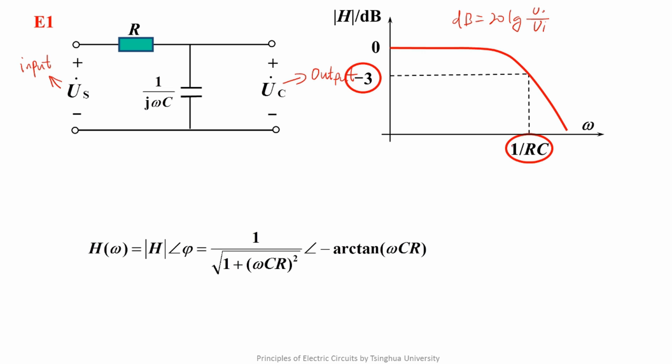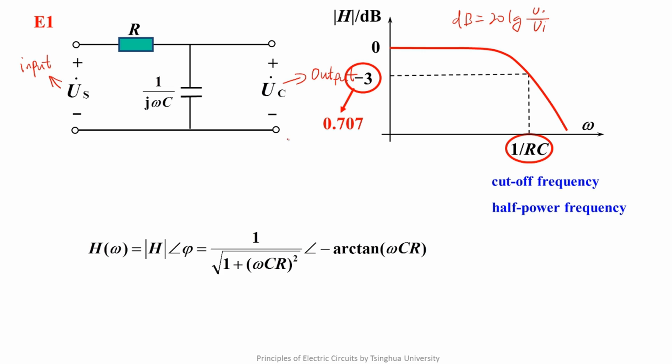Generally speaking, we consider that a filter is cut off when the angular frequency is greater than 1 over RC. That is to say, when the amplitude frequency of the transfer function is less than -3 dB. Why? The -3 dB means that amplitude of the transfer function is 0.707. The 1 over RC is defined as a cut-off frequency, or known as a half-power frequency.